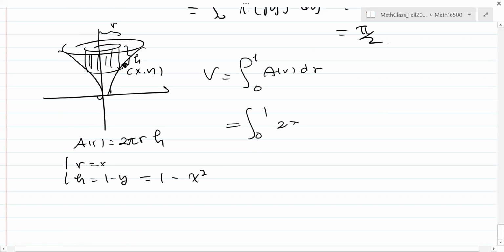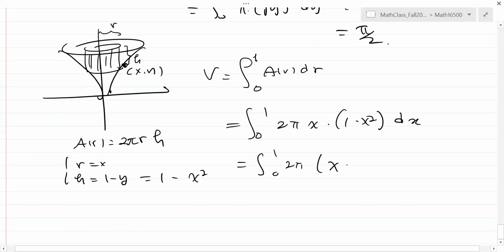It's going to be pi, r is x, so it's x, and h is going to be 1 minus x squared, dx. This does not look equal to pi over 2, but after evaluating, it's pi over 2.